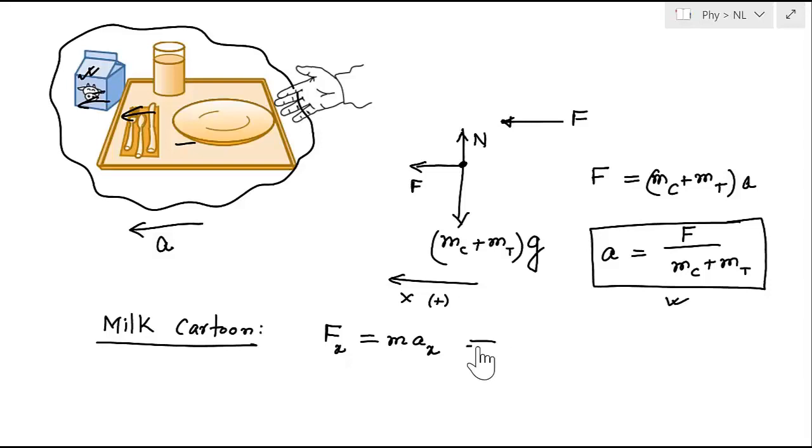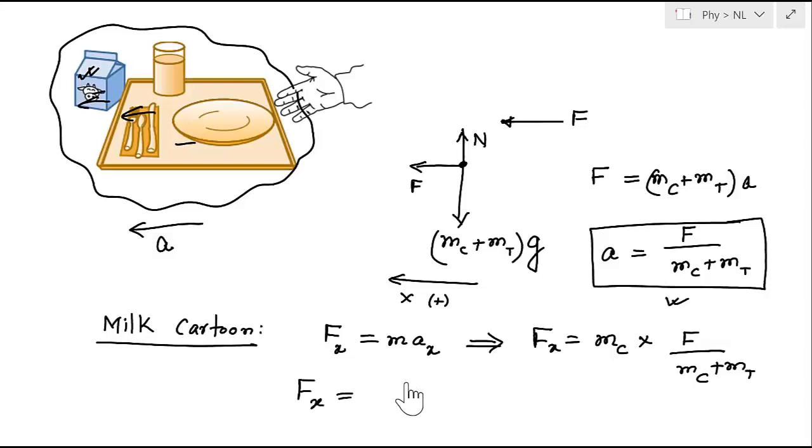So from here I can write Fx is equal to mass, which is given, and mass of this cartoon is mc, and acceleration is nothing but F divided by mc plus mt. So in the x direction, force is equal to mc F divided by mc plus mt. So you can plug in these values and you can calculate F.